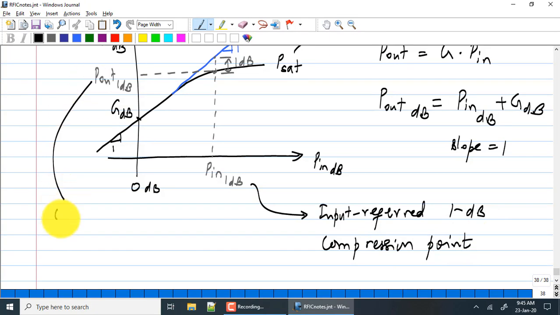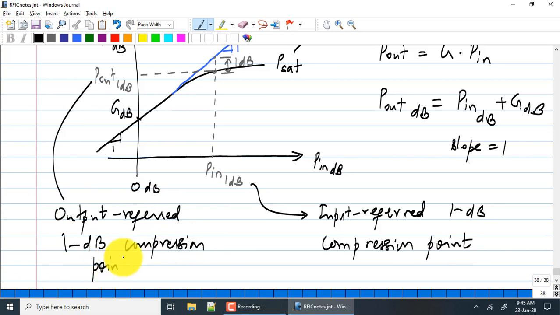And this is called the output referred. So these are fairly important metrics when you design high power, high amplitude circuits.